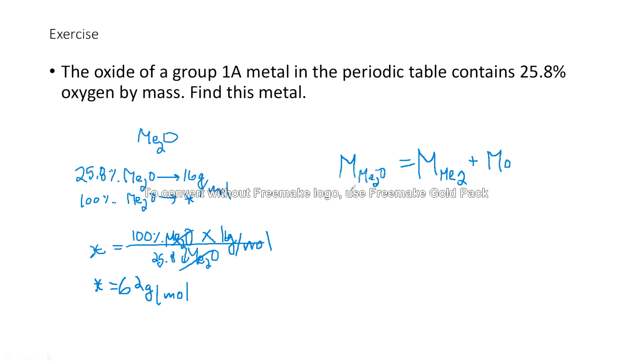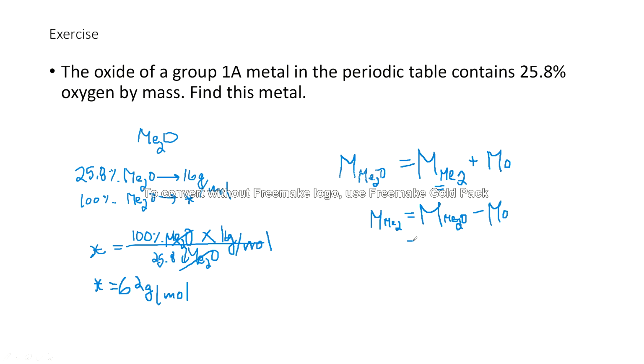Because the question is to find this metal, and to find the metal with the periodic table we need the molar mass. So that is what we are looking for. The molar mass of the metal will be equal to the molar mass of the metal oxide minus the molar mass of the oxygen.